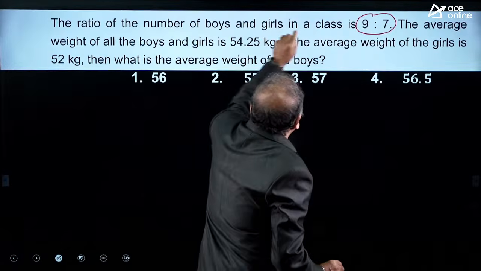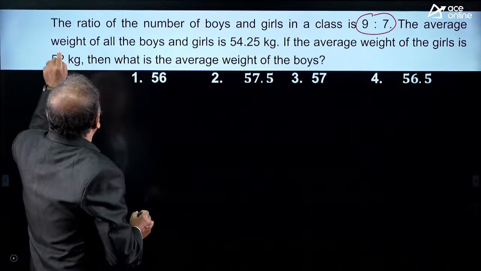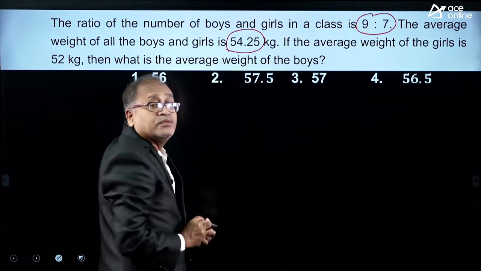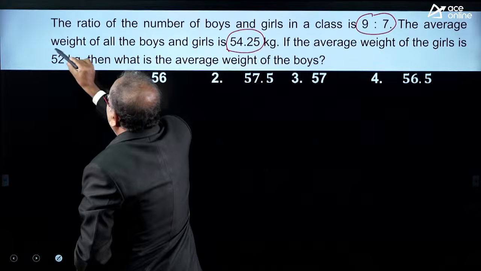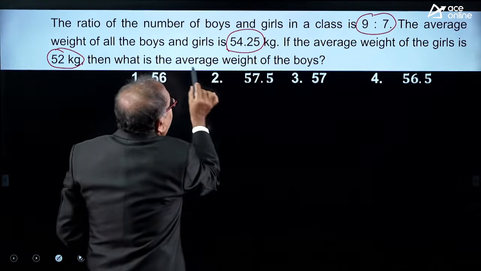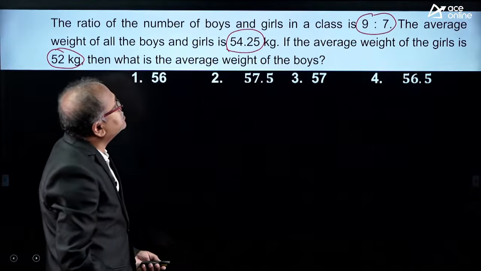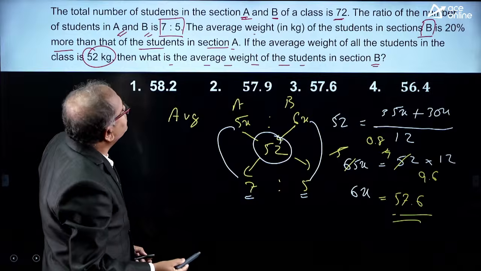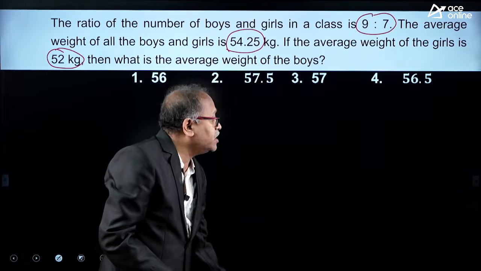It is given that the number of boys and girls are in the ratio of 9:7, and the average weight of all the boys and girls is 52. What is the average of the boys? Is this the same as the previous one? It was 7:5. No, it's a different question, my friends.